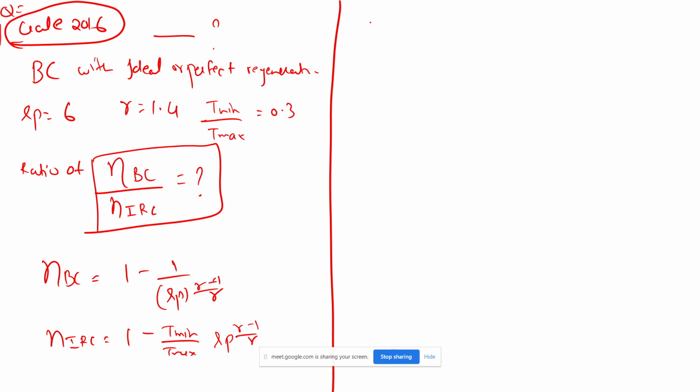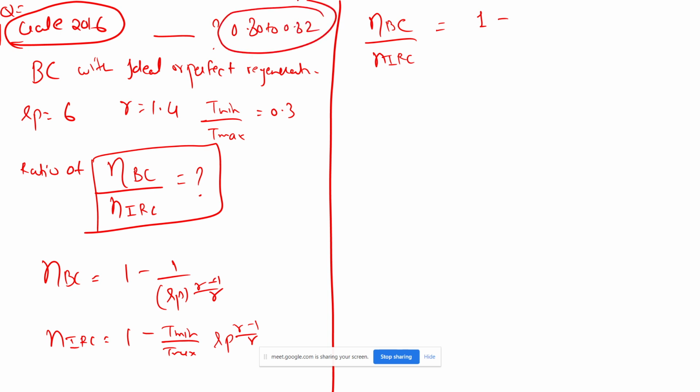Yes, 0.8, 0.802, that is correct. They will give a range from 0.80 to 0.82, so your answer is correct.